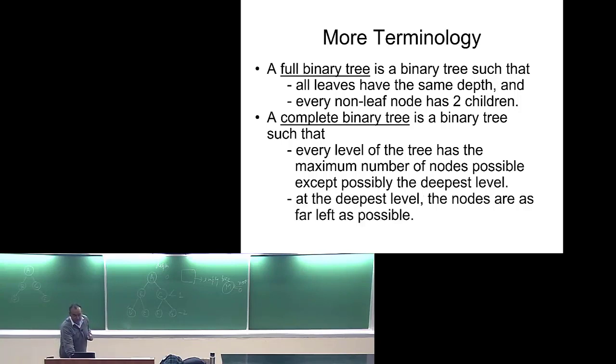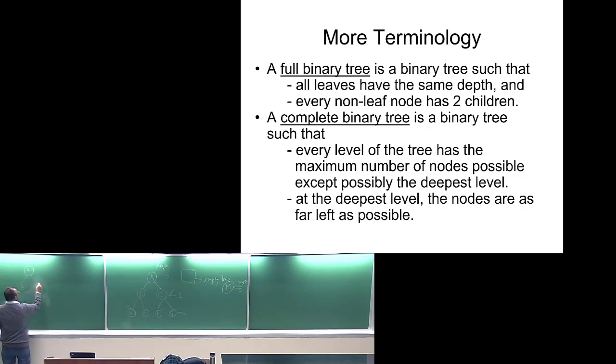And at the deepest level, the nodes are as left as possible. Okay? So, I said that this is complete, right? This is complete because this is the deepest level. In the deepest level, we don't have 2, we are allowed. At the deepest level, we are allowed, right? And so this I'll consider as complete.